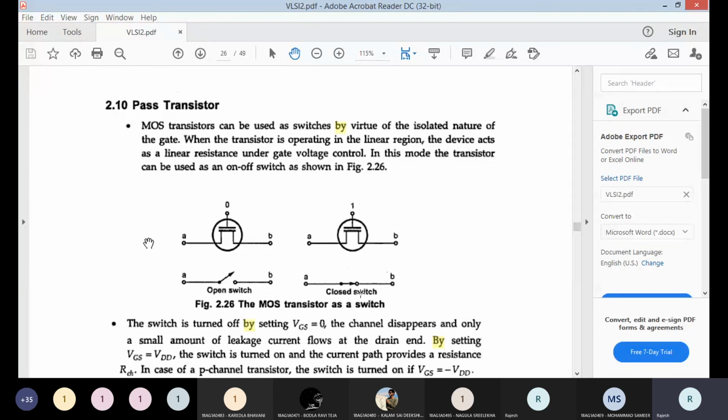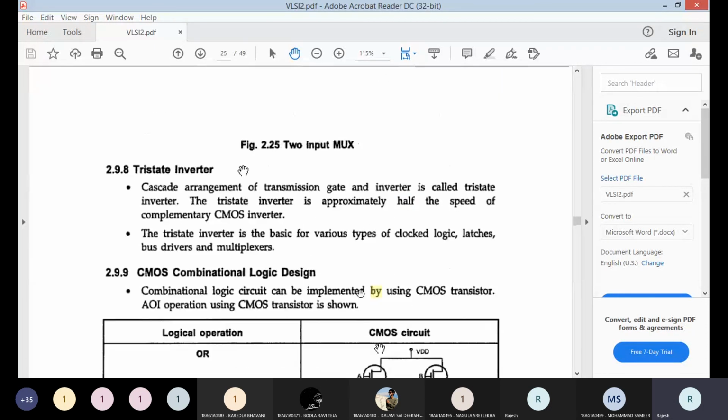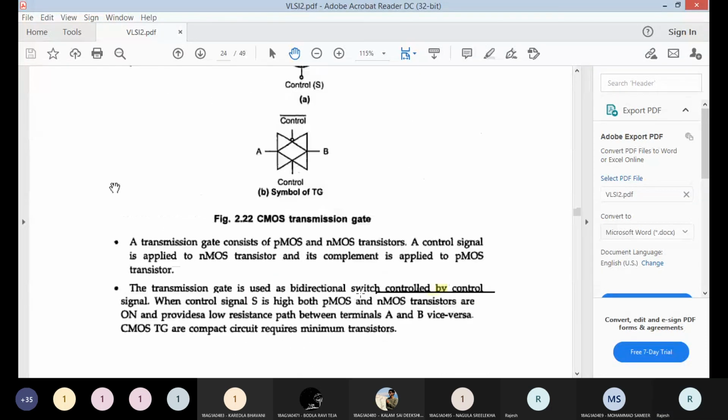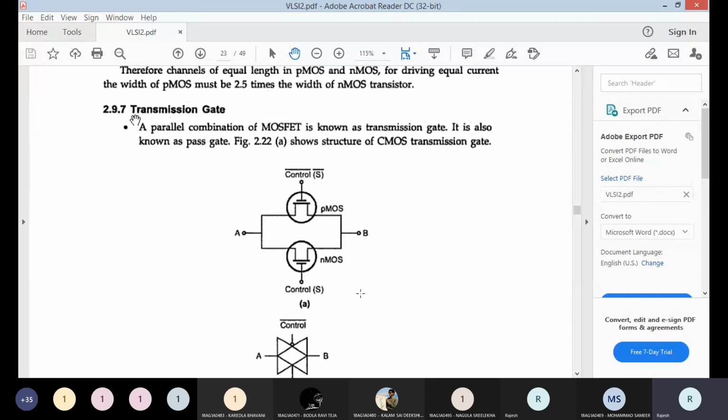So for that, we combine both NMOS and PMOS and create one more device called a transmission gate, or bidirectional switch. In the diagram below, there is an NMOS with control pin S. Both source and drain terminals are connected, and because NMOS and PMOS are complementary, the control pin here becomes S bar.